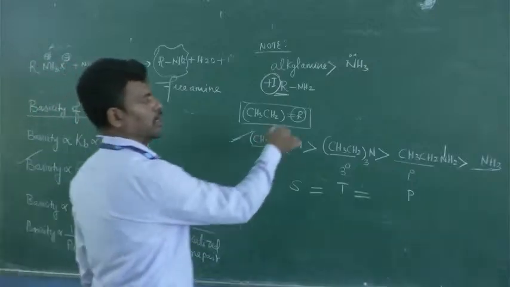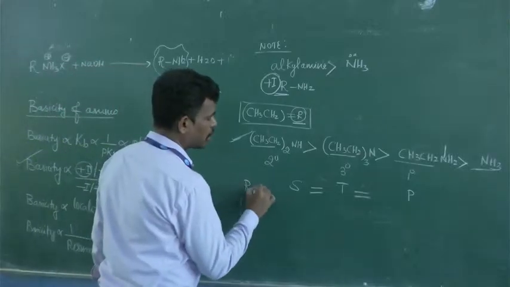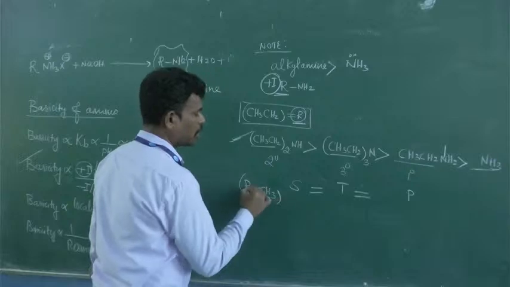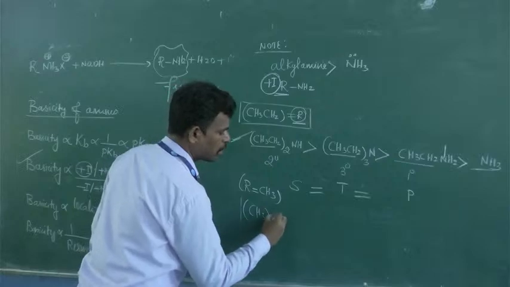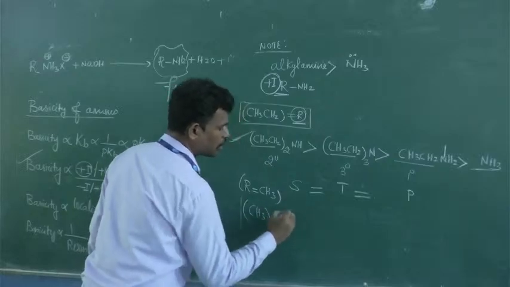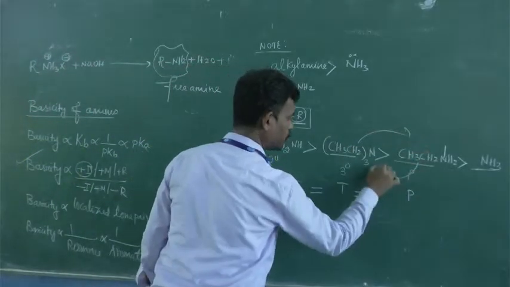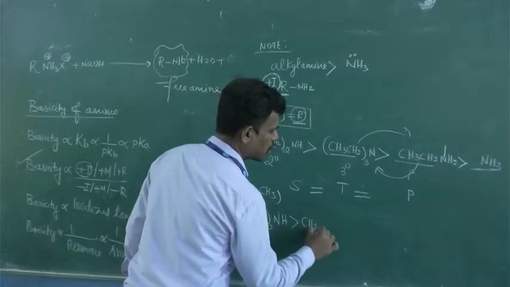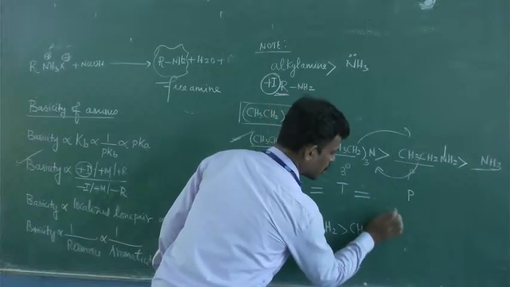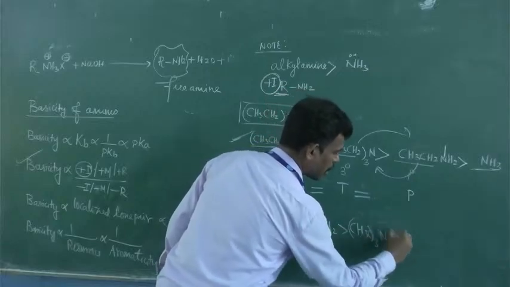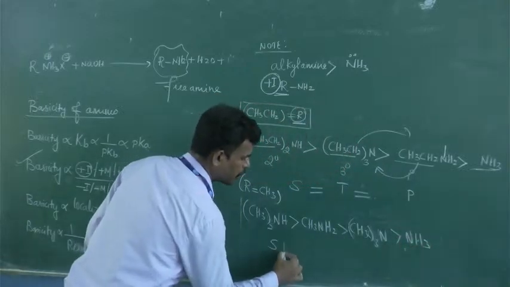என்ன குரூப் இருந்தா? R எத்தைலா இருந்தா STP. Suppose R குரூப் வந்து மெத்தைலா இருந்ததுனா, okay அப்போ இது secondary தான் going to be more basic. இது அப்படியே செகண்டரி, அப்படியே பேசிக். அப்போ this is going to be CH3NH2, CH3, CH3N... so this is going to be STT.